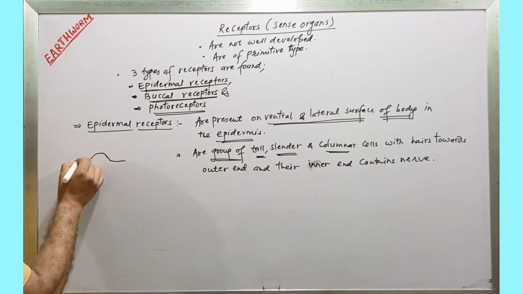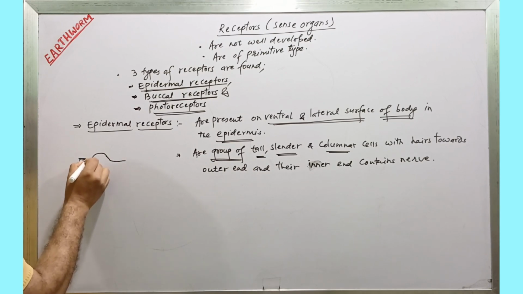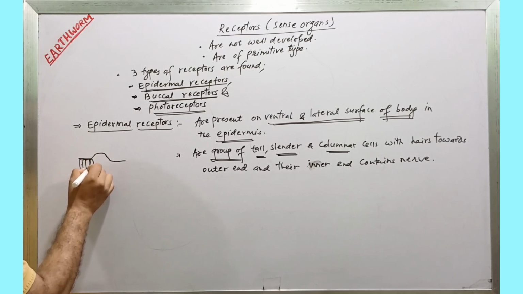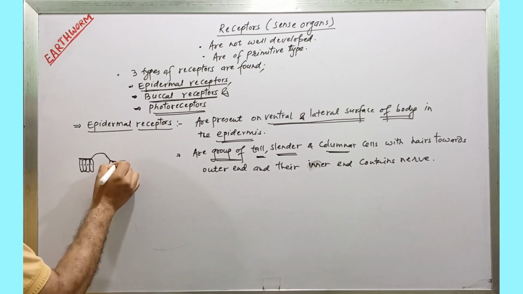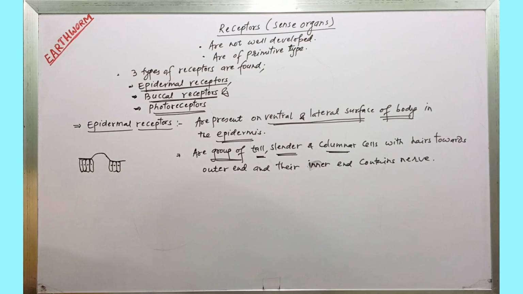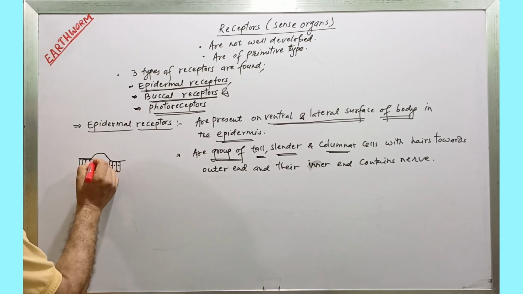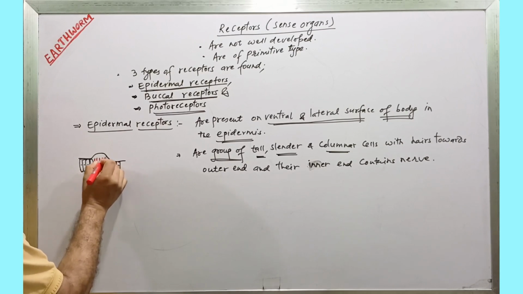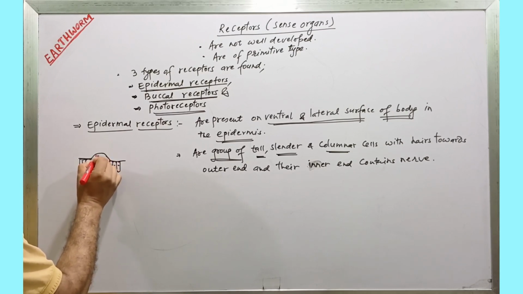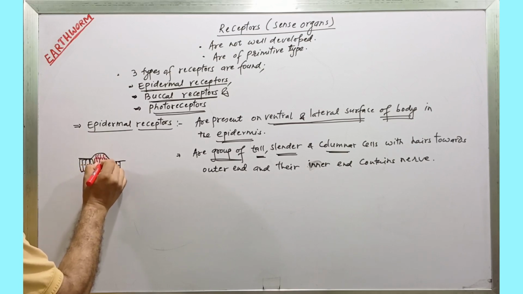Here are the cells of the epidermis. These are the general epidermal cells, on this side also. And now the sensory cells with hairs are present. They are also tall, slender cells, and this is their free end, which possesses hairs.